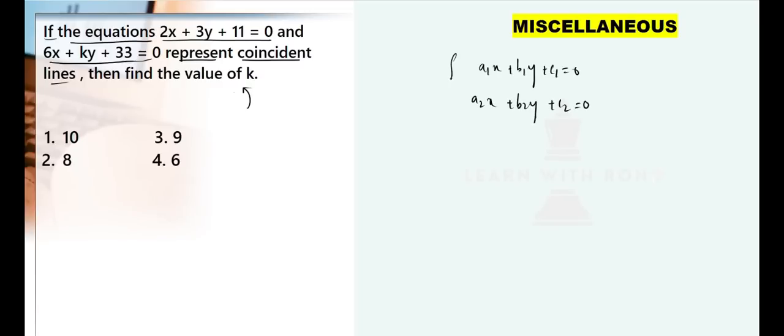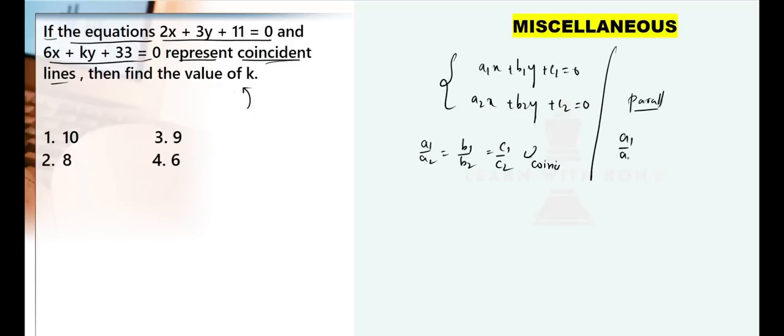If these two lines are coincident, the relation is a1 by a2 equals b1 by b2 equals c1 by c2. If these are parallel lines, the relation is a1 by a2 equals b1 by b2 not equal to c1 by c2. Remember, here they have given coincident, so we will apply the first relation.